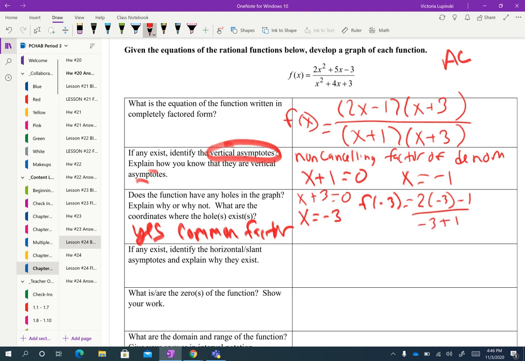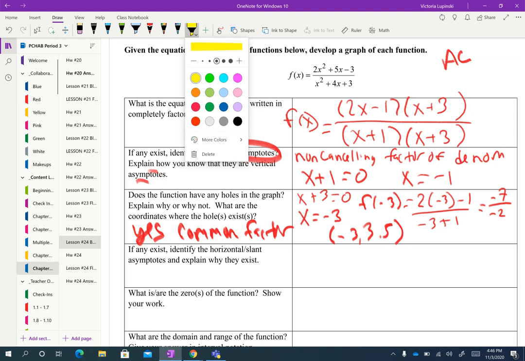That looks like -6 minus 1 is -7 over -2. So it looks like the coordinate of my hole is going to be -3, 3.5. That's equal to 7/2.